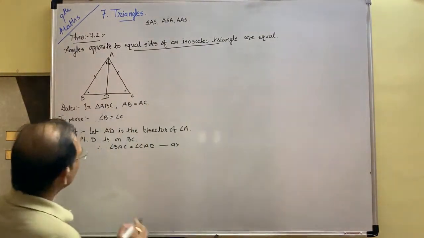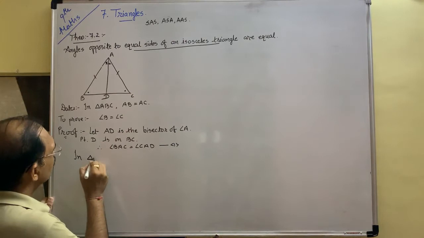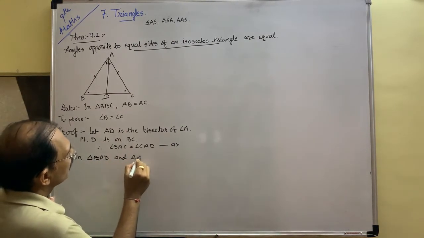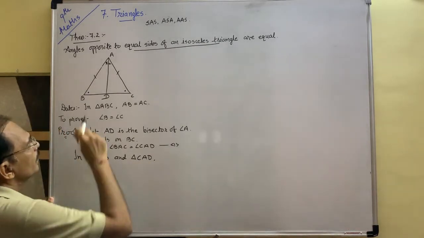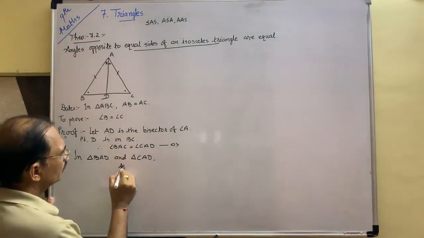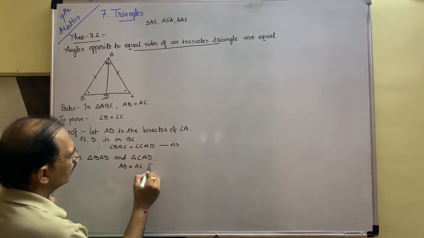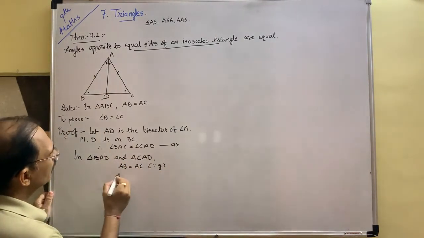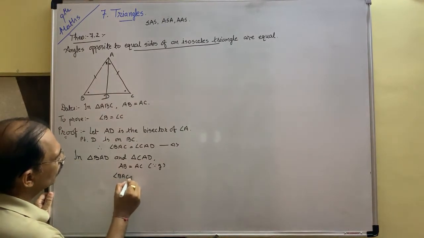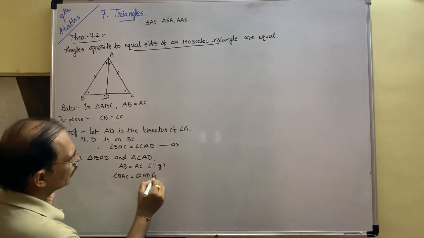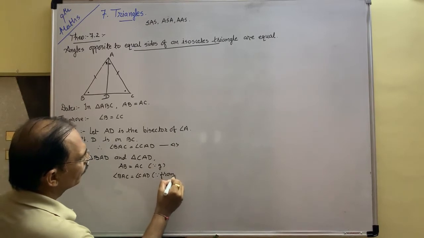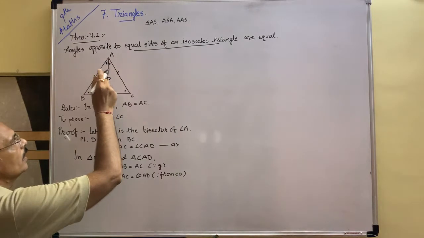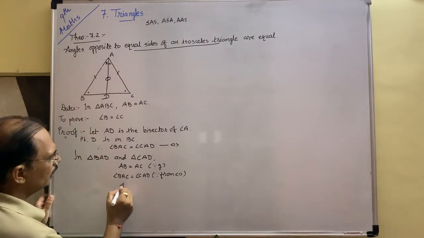So we take in triangle BAD and triangle CAD, say AB and AC are equal, given AB equals to AC, which is given. From result number 1, we can say what? Angle BAD equals to angle CAD. This is from result number 1. Is it okay? And AD is the common side for this triangle and for this triangle, both triangles.